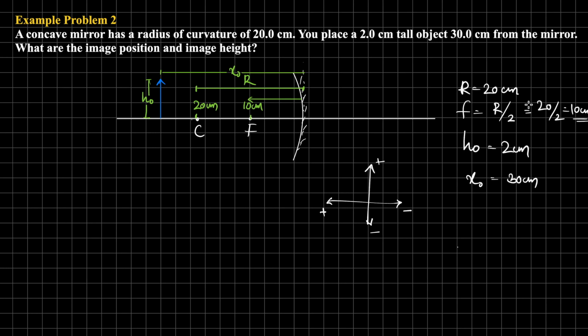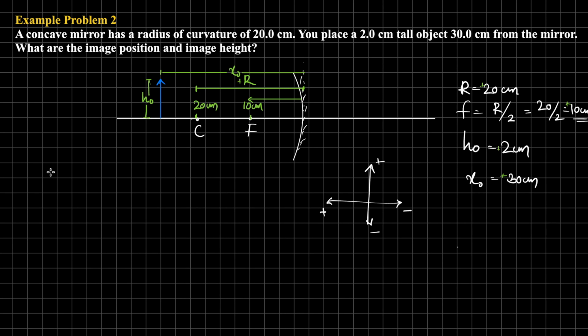Radius of curvature is also positive, from pole to the center of curvature. Object distance xo is also positive, from the pole to the position of the object. Height of the object is positive because we measure it upwards. So everything is positive in this case.